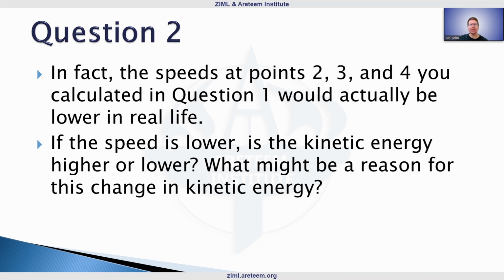And try to think a little bit about what might explain that change in kinetic energy. Why is that kinetic energy higher or lower than you might expect? This gets into some of the assumptions we're making about converting potential energy to kinetic energy, and we can talk about that quickly in next week's video as well.